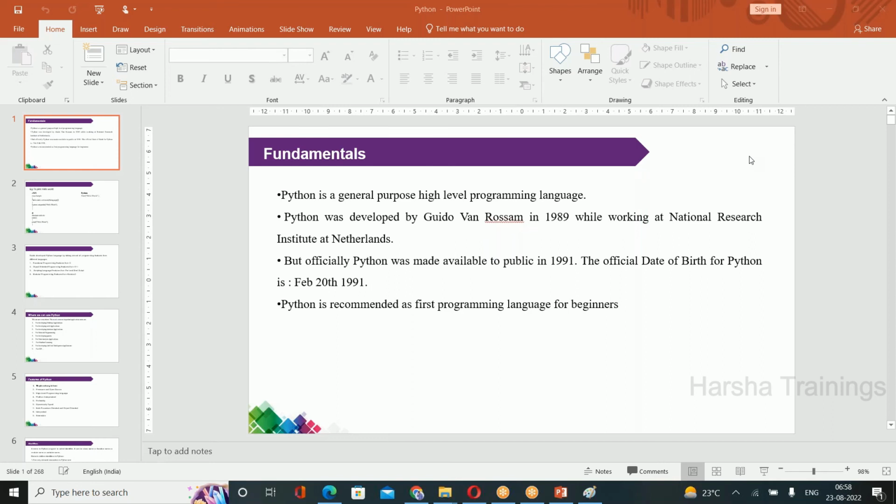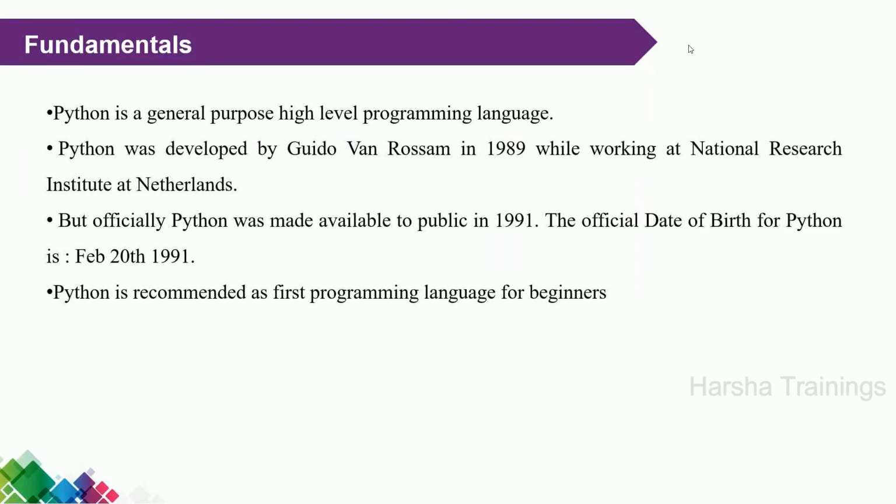That is free software, freely available on the internet. I will show how to download and install it also. Before that, I will move with these fundamental topics, the very basic introduction to Python. For these topics, I think there is no need for any execution.